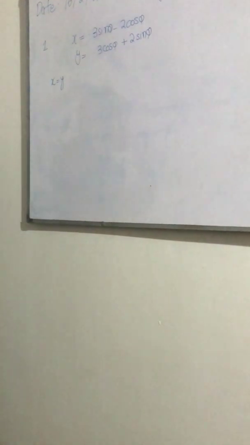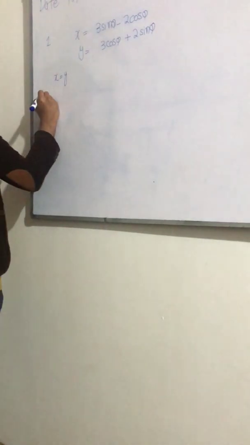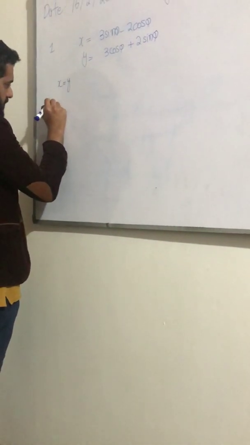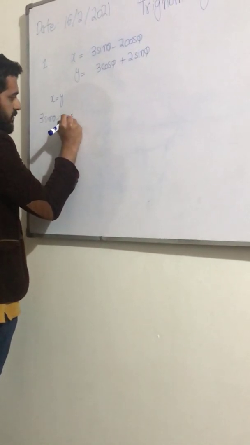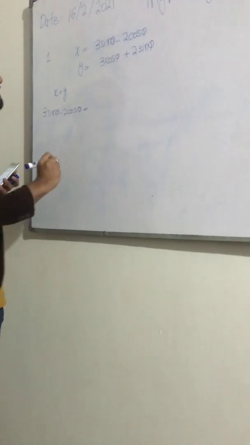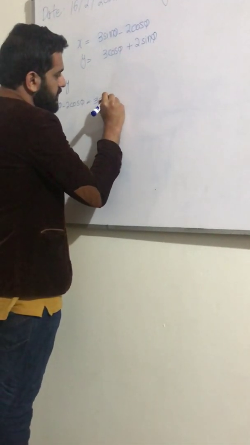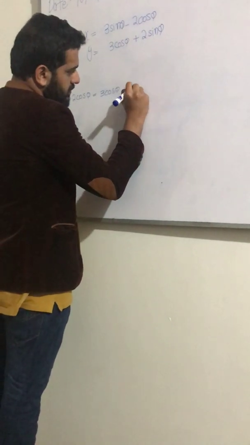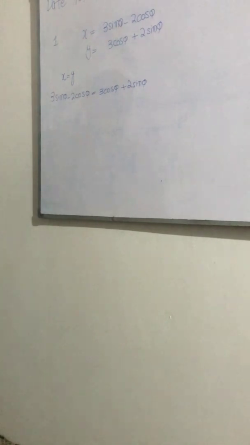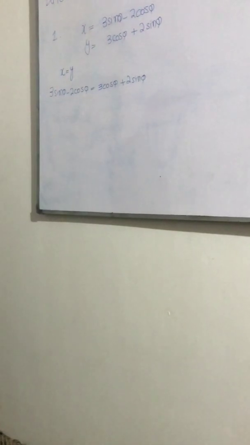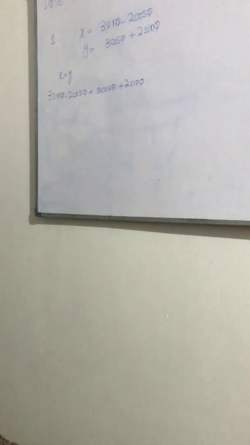So if x is equal to y, it means that 3 sin theta minus 2 cos theta will be equal to 3 cos theta plus 2 sin theta. Okay, any problem till here? Okay, we are moving forward.